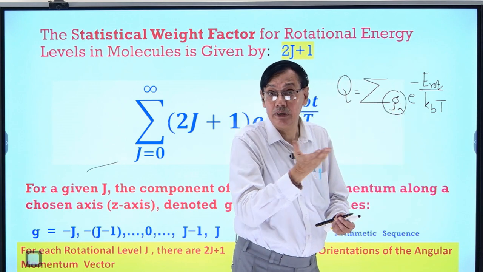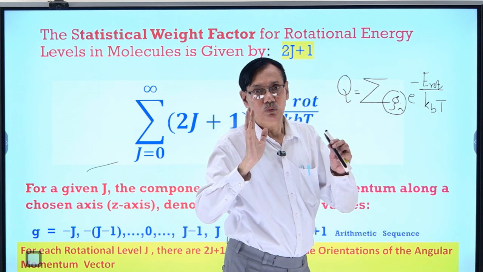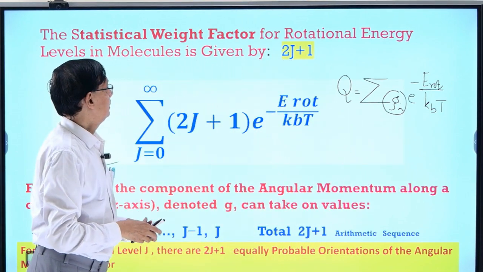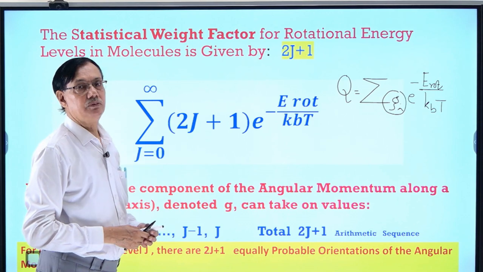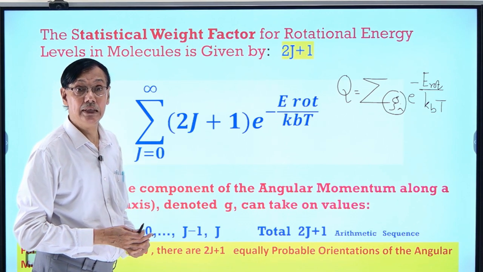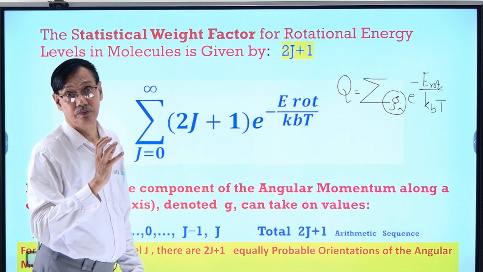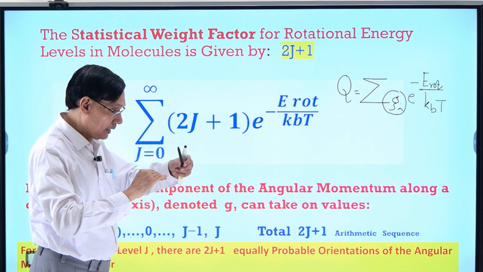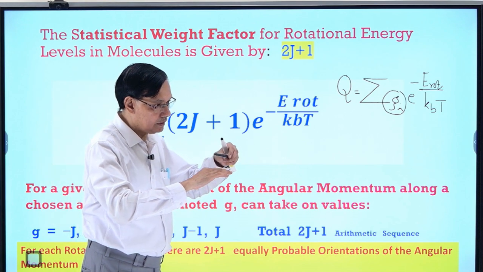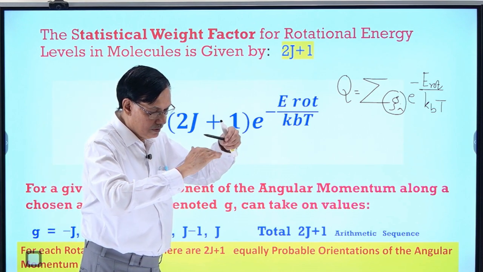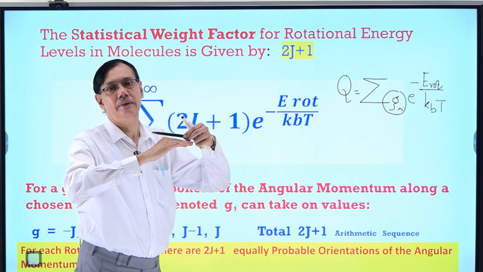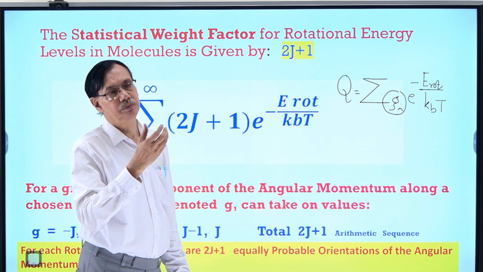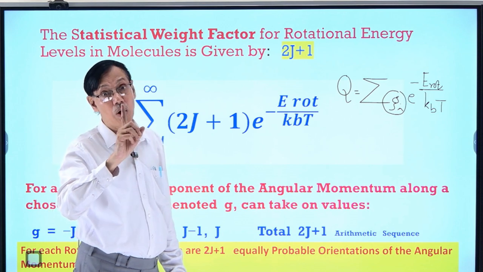And the second point, you all know that in my first lecture and second lecture, I clearly explained statistical weight factor and quantum state. Now, I am dealing with the rotational partition function. So, first, you must be very careful: when I was talking about the translational partition function, the energy levels are very closely packed. So, in that case, the value of g, the statistical weight factor or degree of degeneracy, is 1.